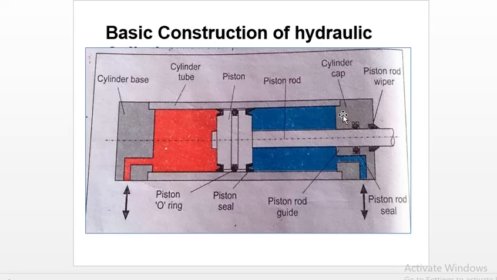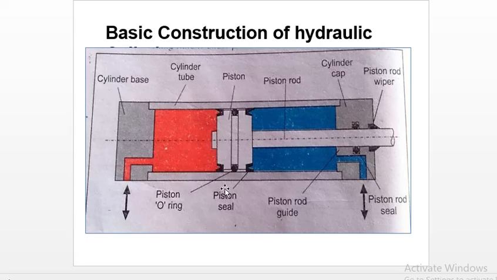Then piston rod guide to provide guidance for smooth operation of the extension and retraction stroke. Then piston seals to prevent the leakage from the rod side to the annular side.